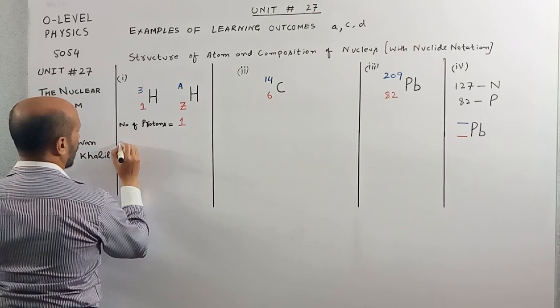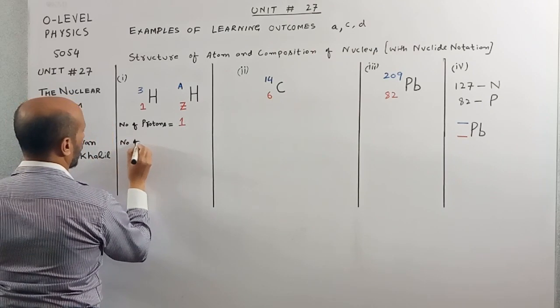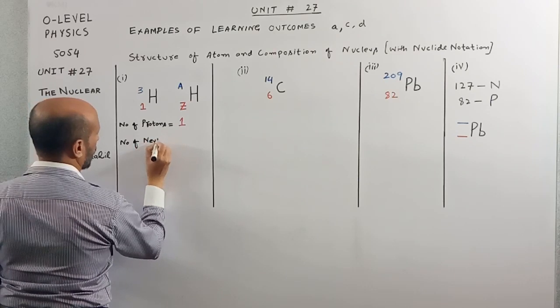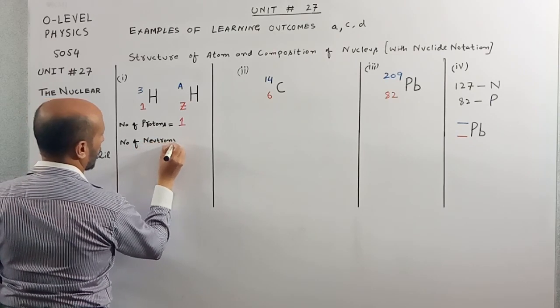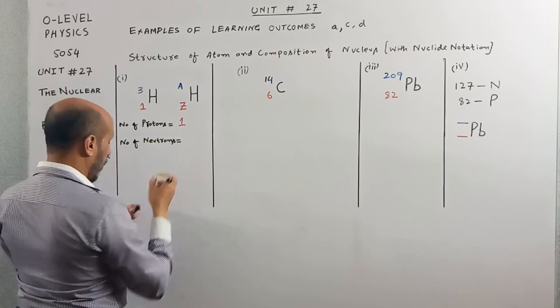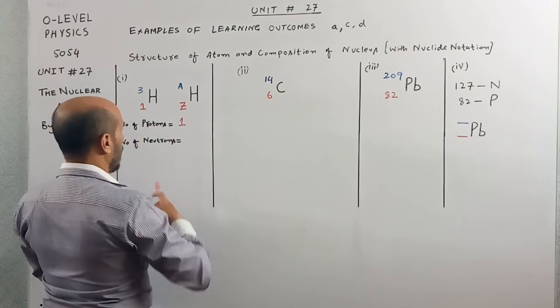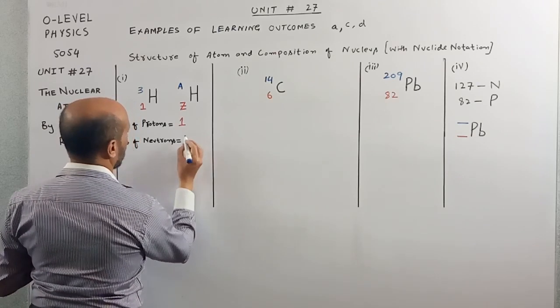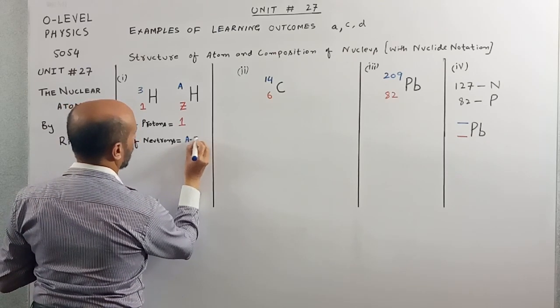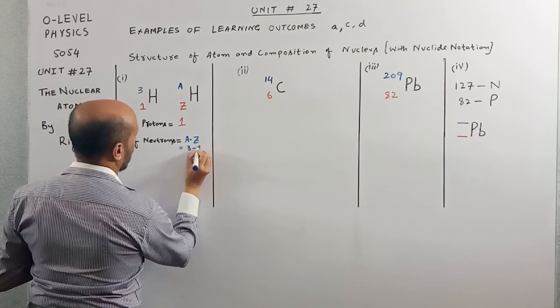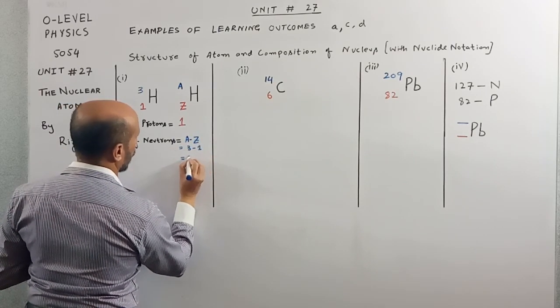Number of neutrons: and how were we supposed to calculate the number of neutrons? A minus Z, (3 minus 1) is equal to 2.